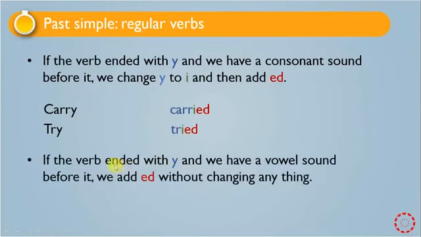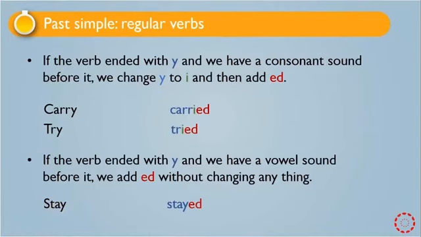But if the verb ended with y and we have a vowel sound before it, we add ed without changing anything. Look at these examples. Stay, again stay is ended with y, just like carry and try. But before y we have a vowel sound which is a.